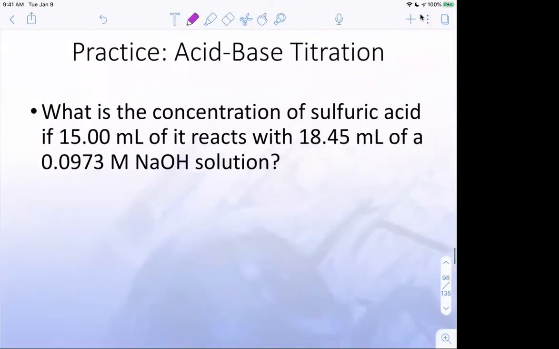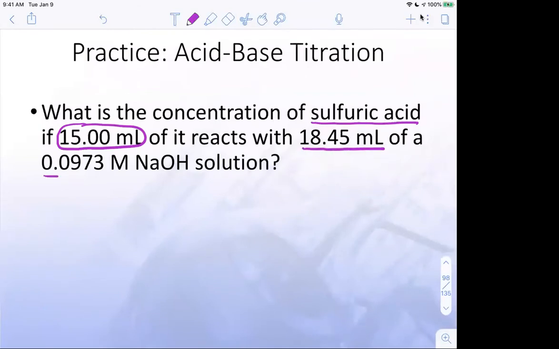So let's practice. I have sulfuric acid, and I have my known volume reacting with 18.45 mL of sodium hydroxide. I want to write the reaction out of this acid and this base. So I want to write the neutralization reaction.